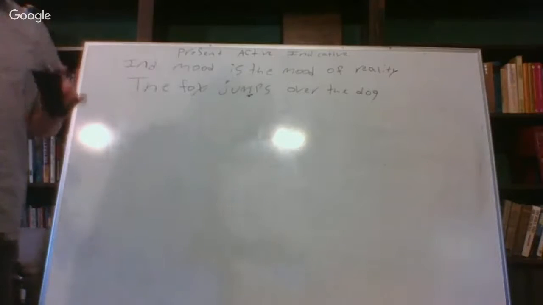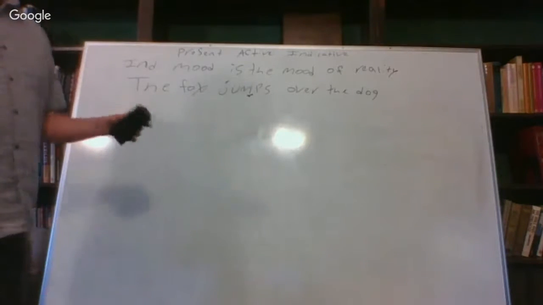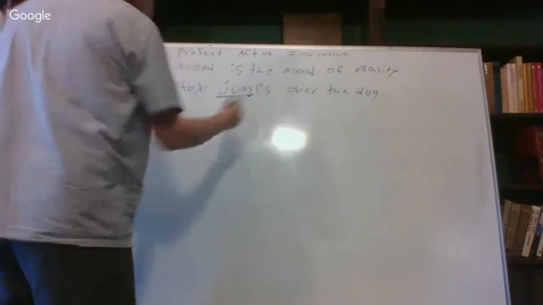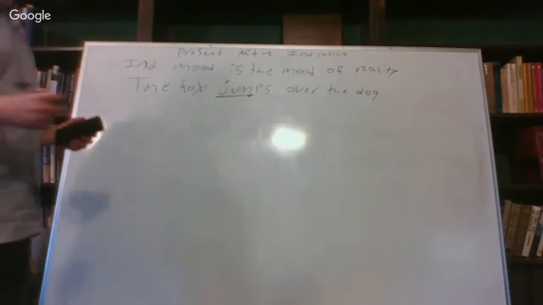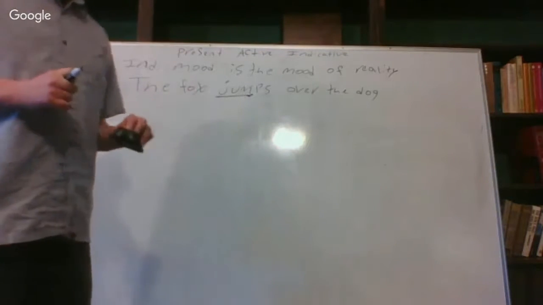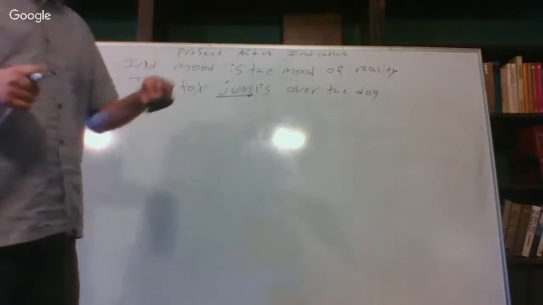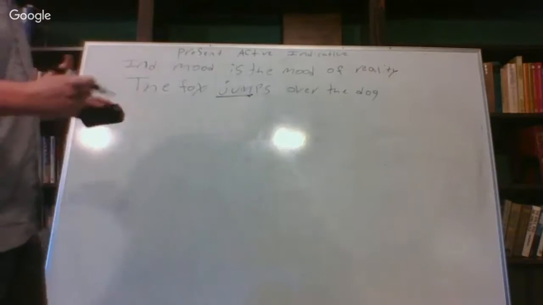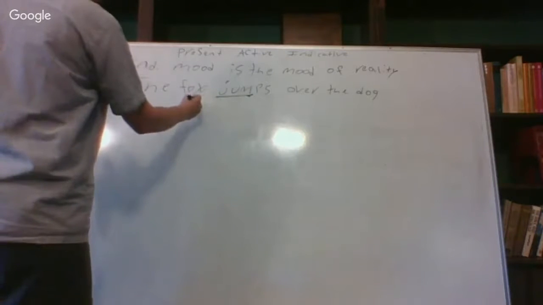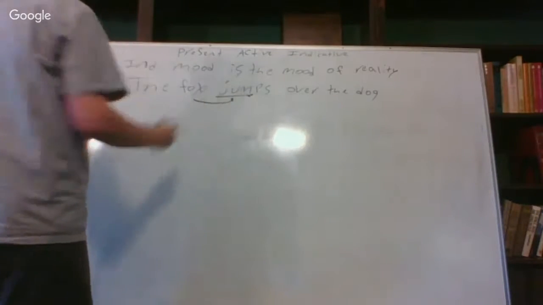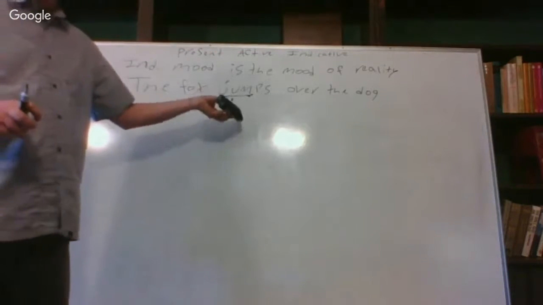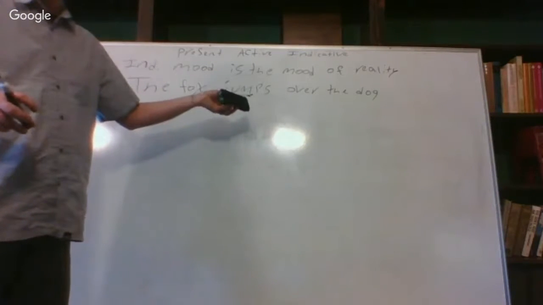And again, like what we saw, the main verb has to agree with the main subject, right? So the verb jumps is in the present tense. And the fox jumps over the dog currently. Normally we've had it where it's been past tense, the fox jumped over the dog. We're still making a statement. We've changed our tense. But fox agrees in number and in person of jumps. Jumps here is third person singular.